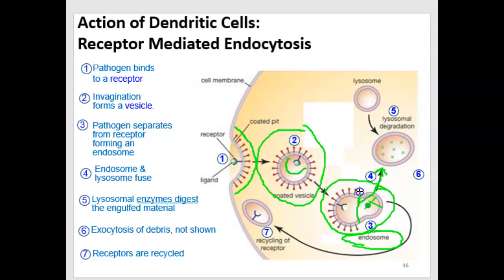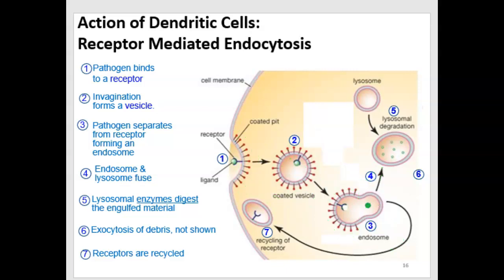But the part of the vesicle that still has the receptor will then fuse with the cell membrane so that receptors are recycled, so that the receptor can be used again. But you can think of dendritic cells as kind of cell eating, but the process is called receptor-mediated endocytosis rather than just phagocytosis.